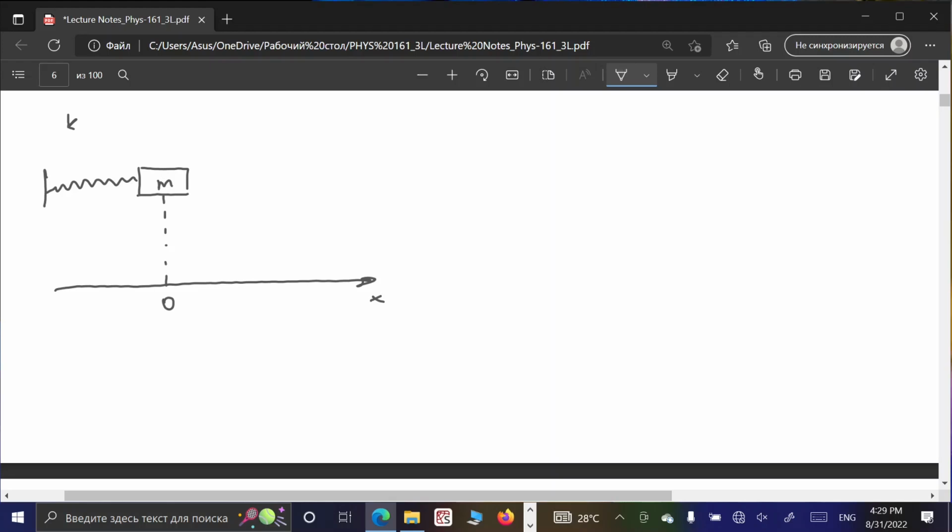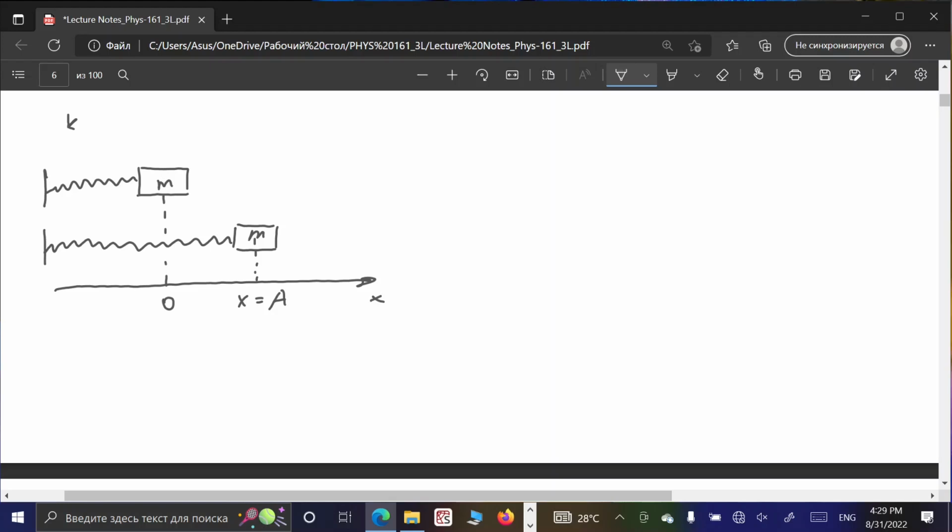Let us assume that this system is pushed out from the equilibrium condition, and this block is moved towards the positive direction of axis x to a new position, like coordinate x equal to A. Capital A stands for amplitude value, meaning the magnitude by which we push the system out of equilibrium.